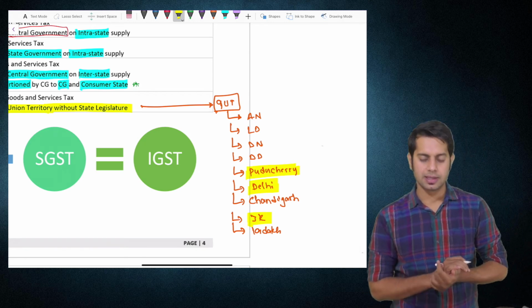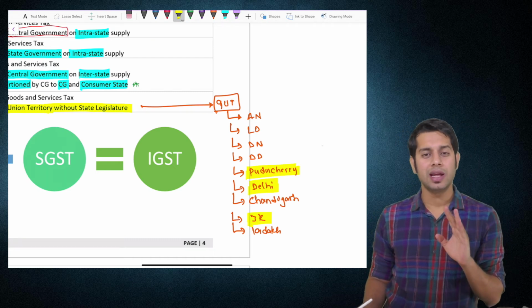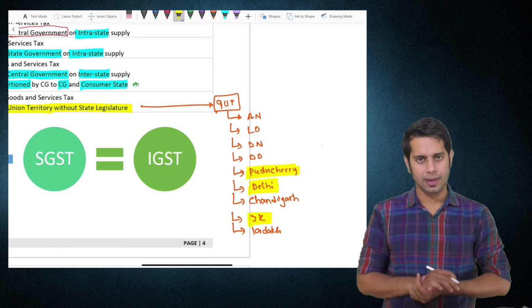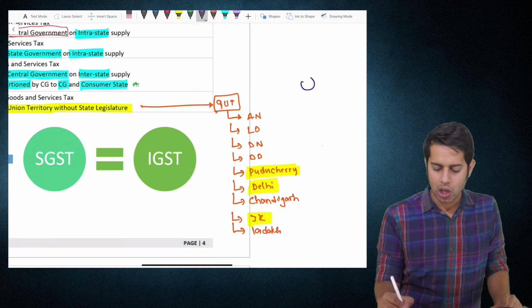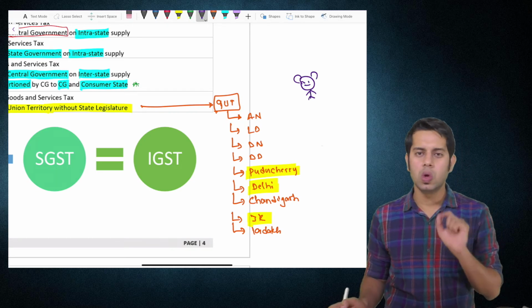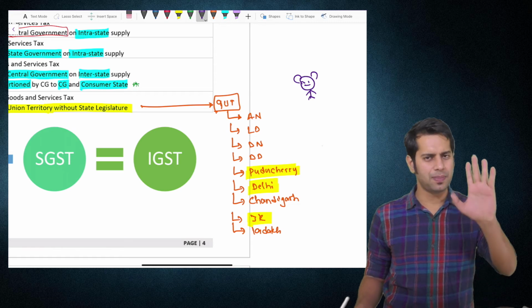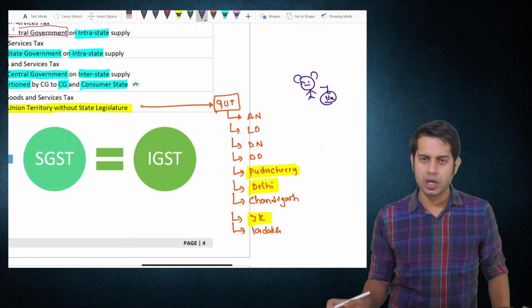Sir, I didn't understand this. Normally, what is the essence of a union territory? A union territory does not have its own government. Normally, the President of India will appoint a person, a lieutenant, who is going to take care of this union territory.